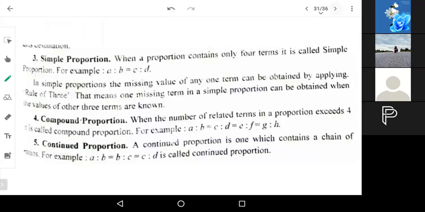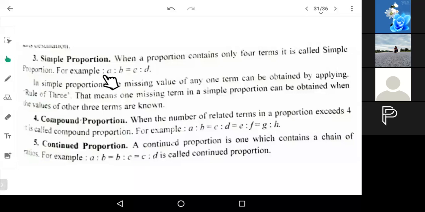Okay. Now next, simple proportion. Simple proportion is when it has all the four terms and the numbers are directly given, and if at all we are missing one of the numbers, then we can use the product of extremes is equal to product of means, and we can find the fourth number. We will have problems of such kind under simple proportion, where they will give you three numbers, either a, b, c will be given or b, c, d will be given.